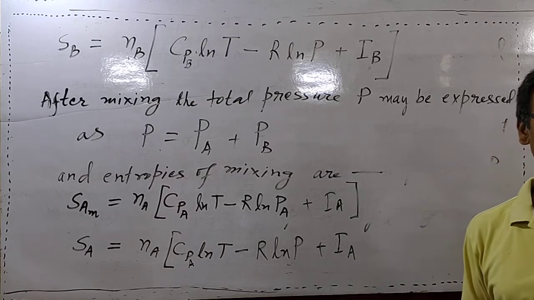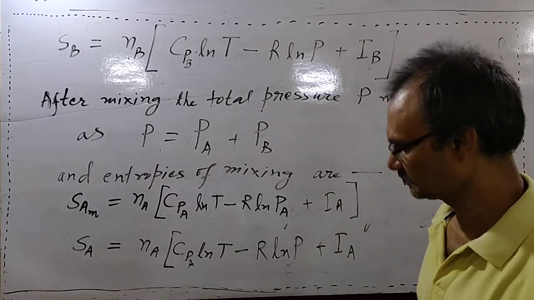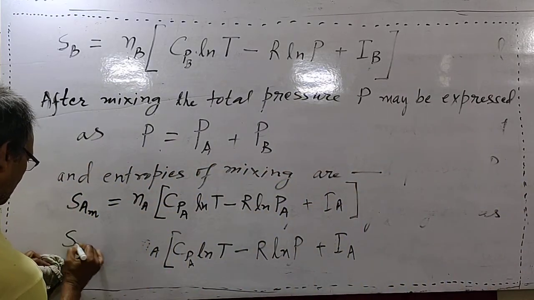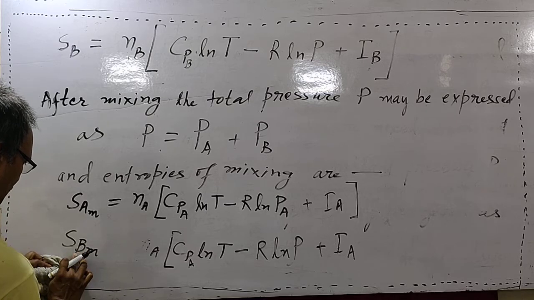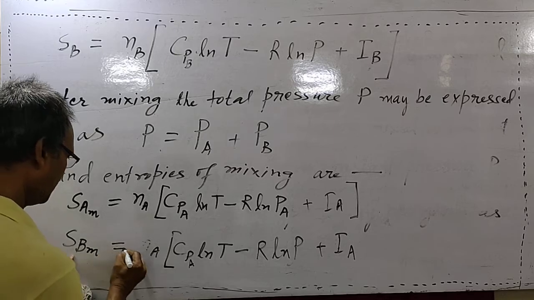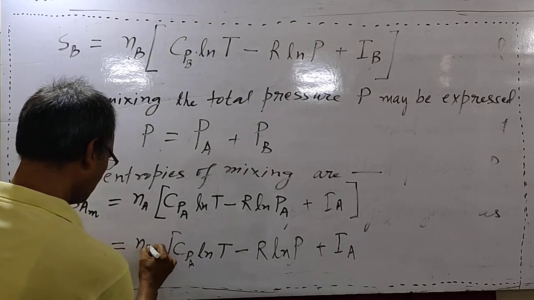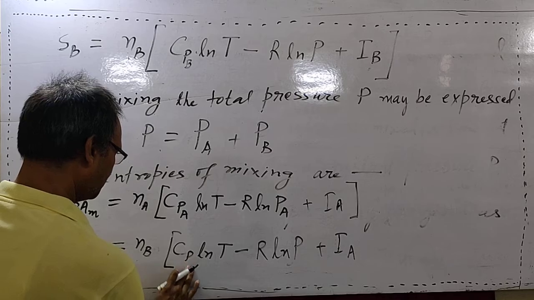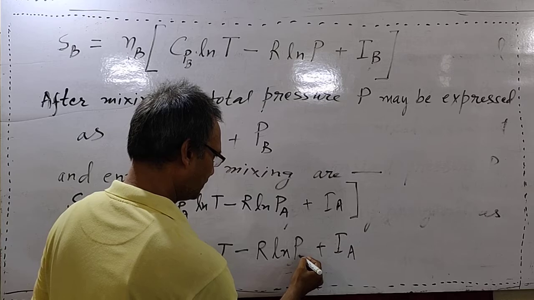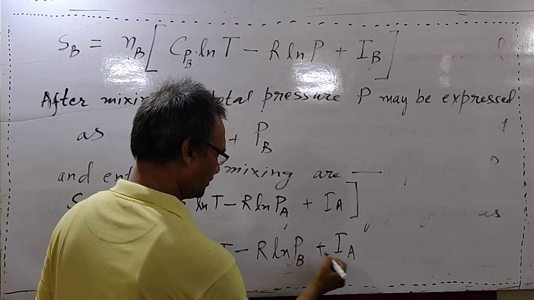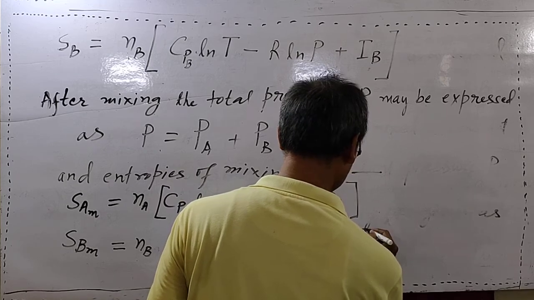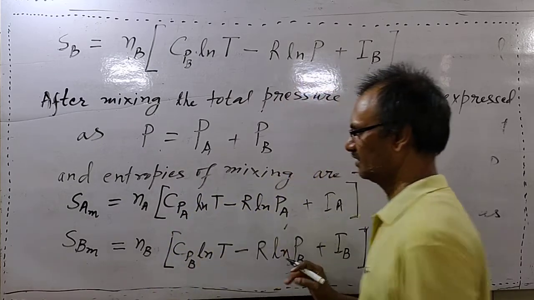And SBM means entropy of B after mixing will be equal to NB into CPB ln T minus R ln PB plus IB. This is after mixing.